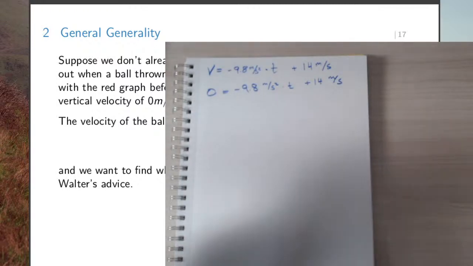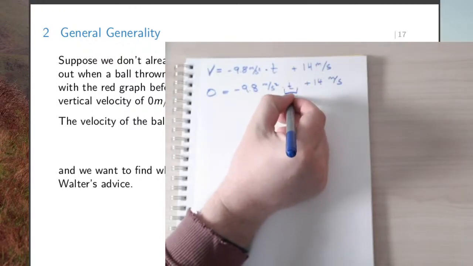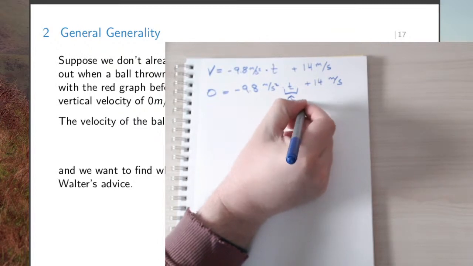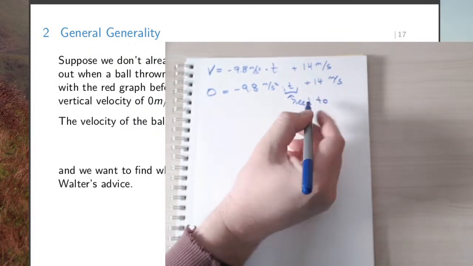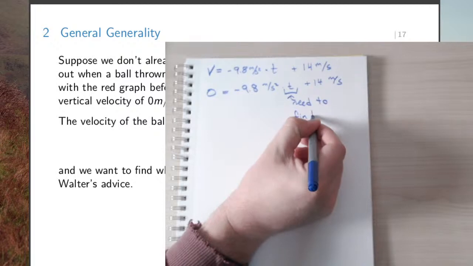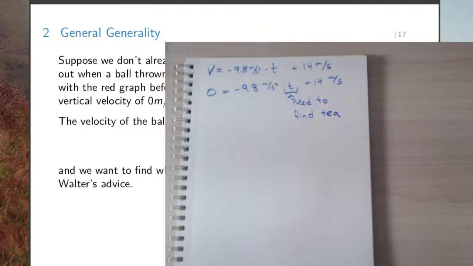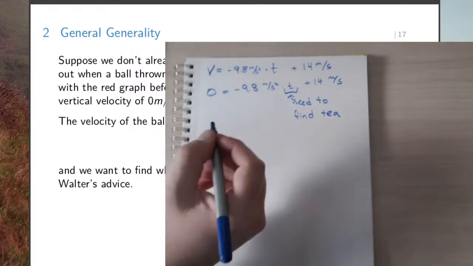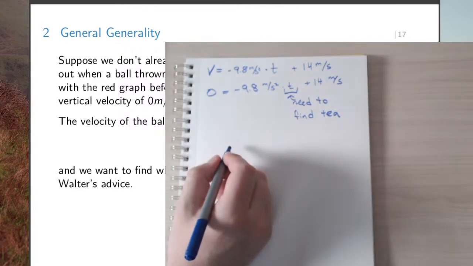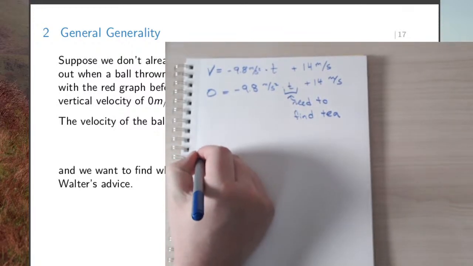Well, we need to find this guy. Oh man, I'm so thirsty. Anyway, so how can we find that? Well, we got to do algebra. So we subtract, let's add negative 14 meters per second to both sides.